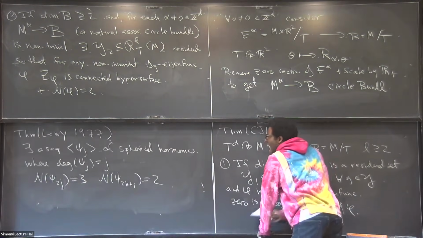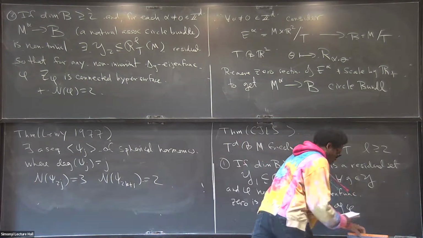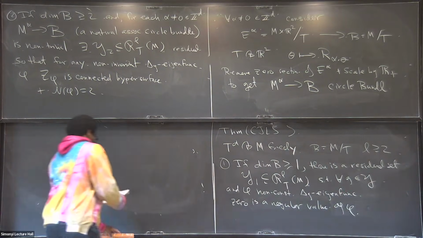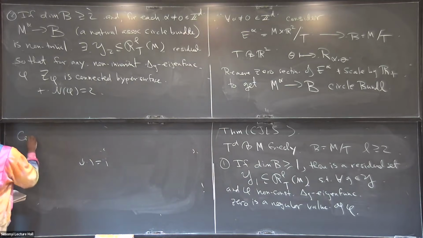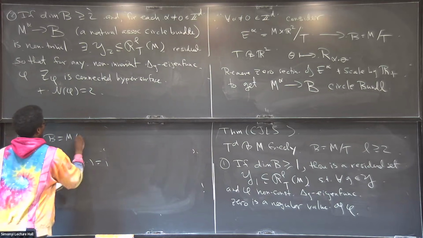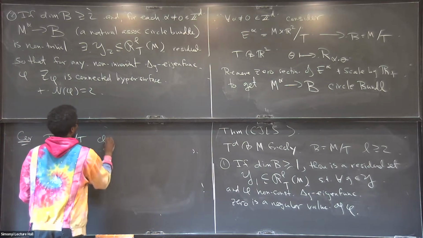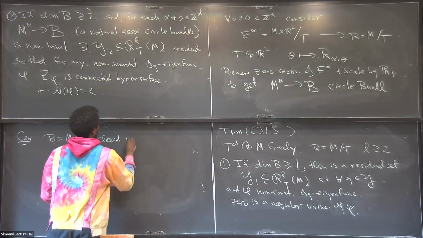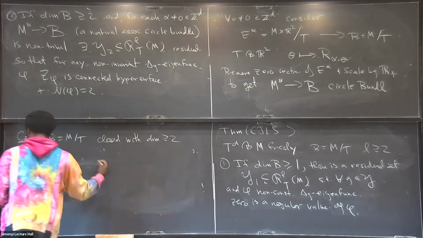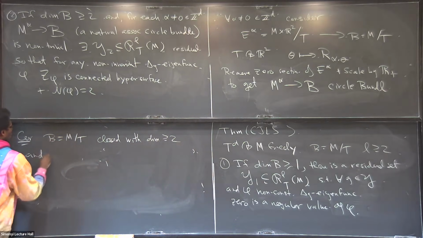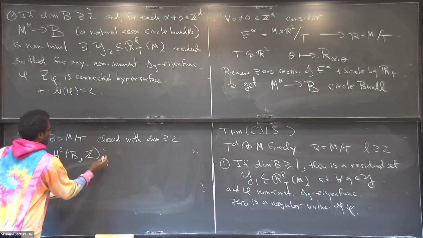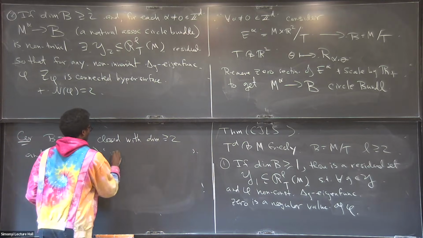Let's suppose, corollary: let's suppose that our quotient space B is closed with dimension at least 2, and let's suppose that the second cohomology is torsion free.